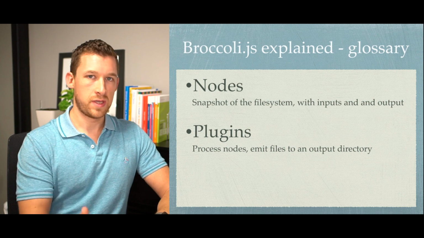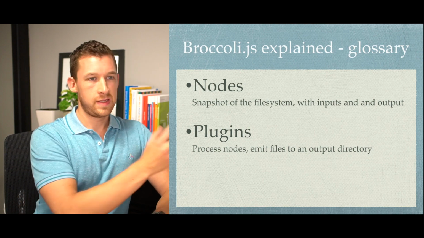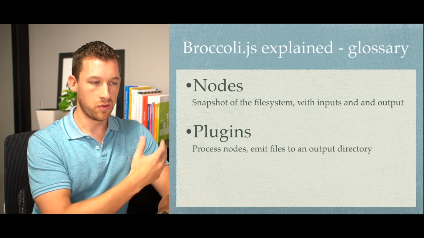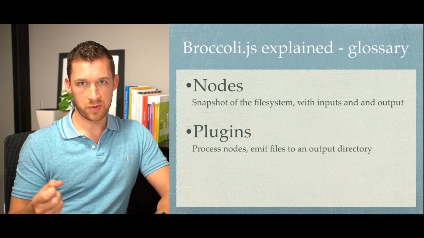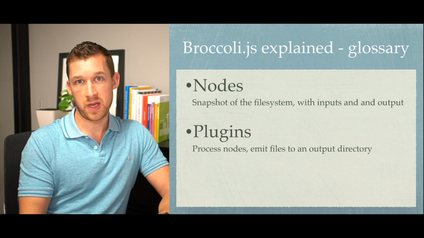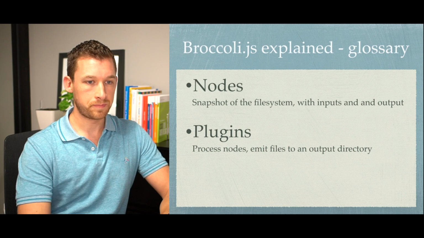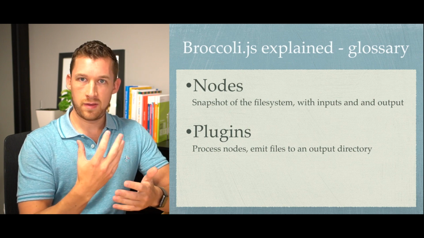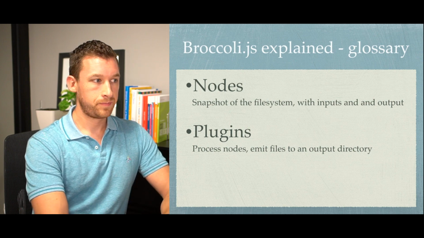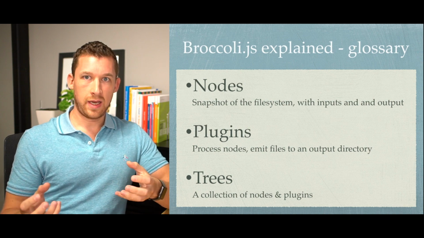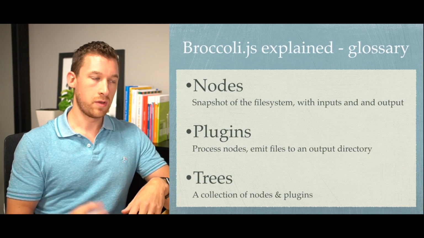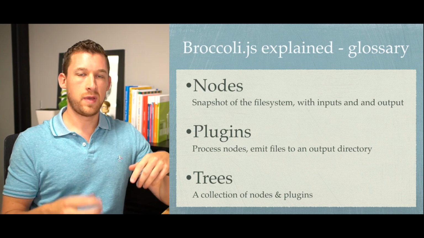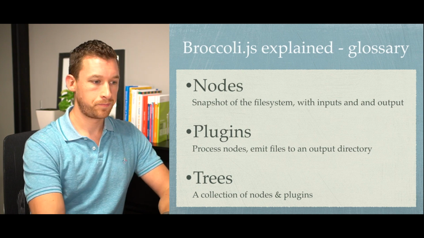So when you're transforming your CSS from Sass into CSS files or your JavaScript from ES6 modules into regular CommonJS format that you might want to use within Node, that's happening within the plugin. And a tree is just a collection of nodes and plugins. So plugins connect nodes together and the whole thing forms a tree.